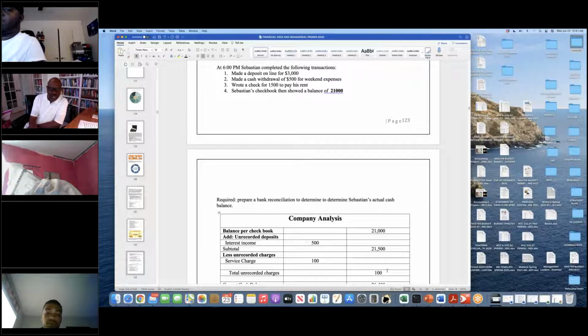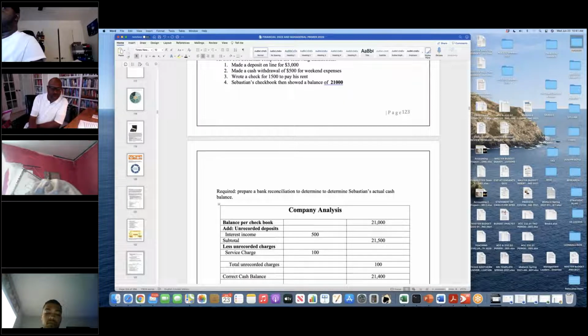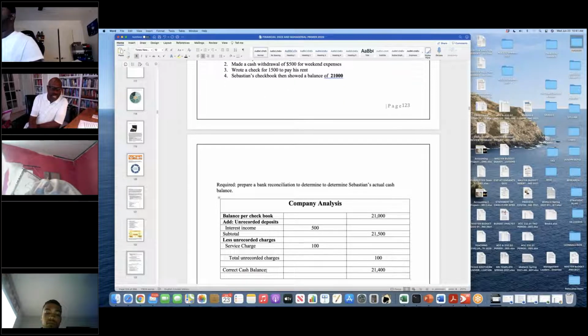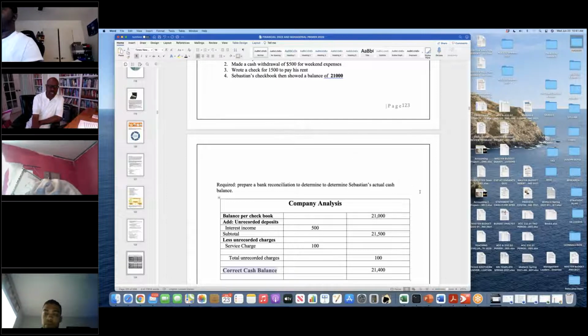When he does that, 21,500 minus the 100, he comes up with the correct cash balance of 21,400. So that is his company analysis.